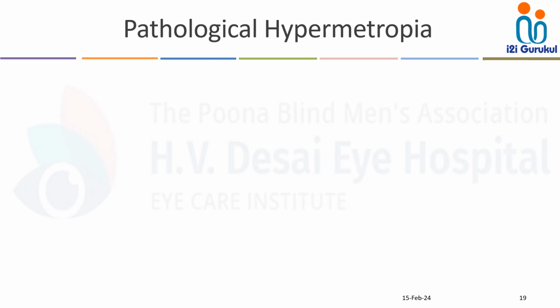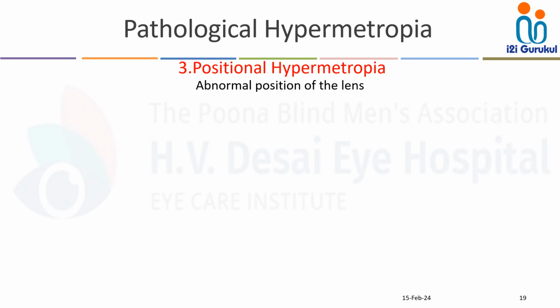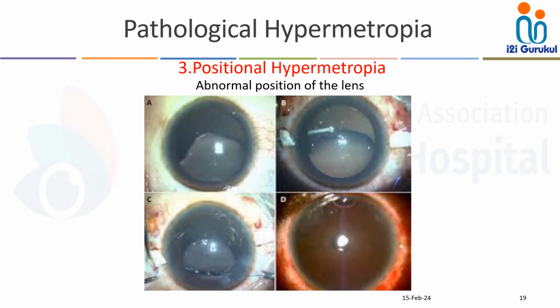Now moving towards the third, positional hypermetropia. The positional one is an abnormal position of the lens, meaning the crystalline lens position is misdirected. So positional hypermetropia may be due to a posteriorly placed crystalline lens of the eye.